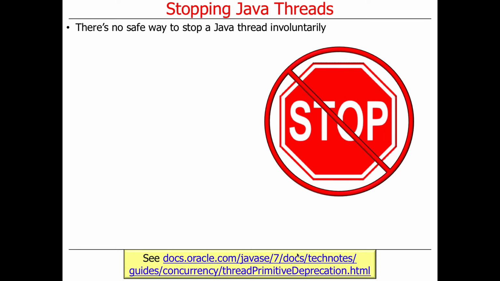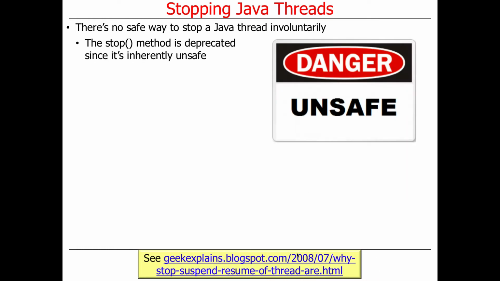Interestingly enough, there is no safe way to stop a Java thread involuntarily. I mean, you can stop it by shutting the program down, but that's not a safe way because that means that the state may not get cleaned up properly. There was a method at one point called stop, and that's been deprecated because it's inherently unsafe.